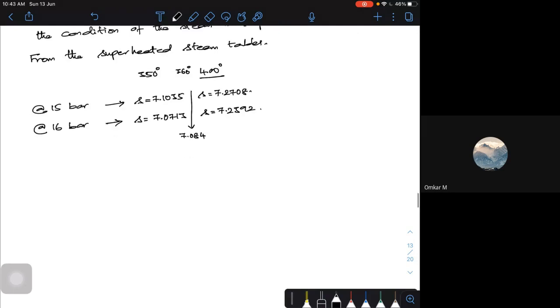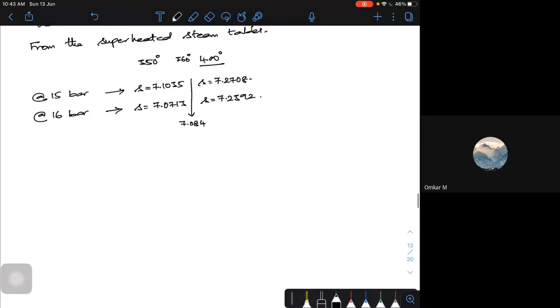So what we have to do is something like this. At 360 degrees Celsius, this is at 15 bar. You have to find the value of H. You know the value of S is 7.034. This is at 15 bar.